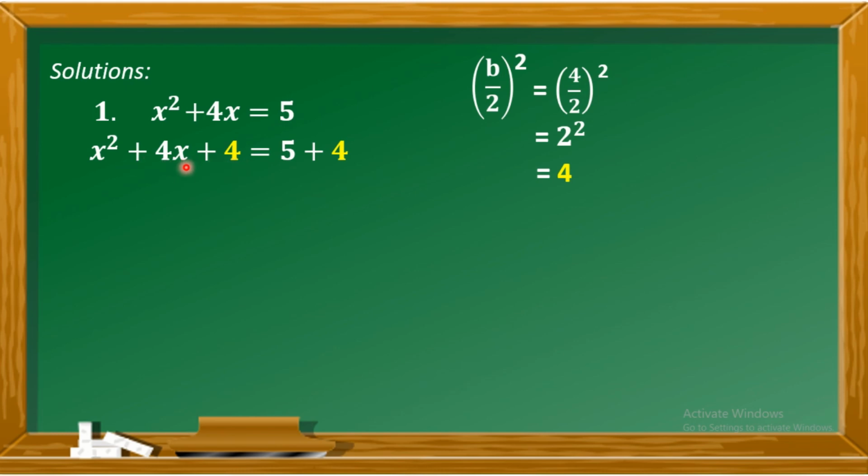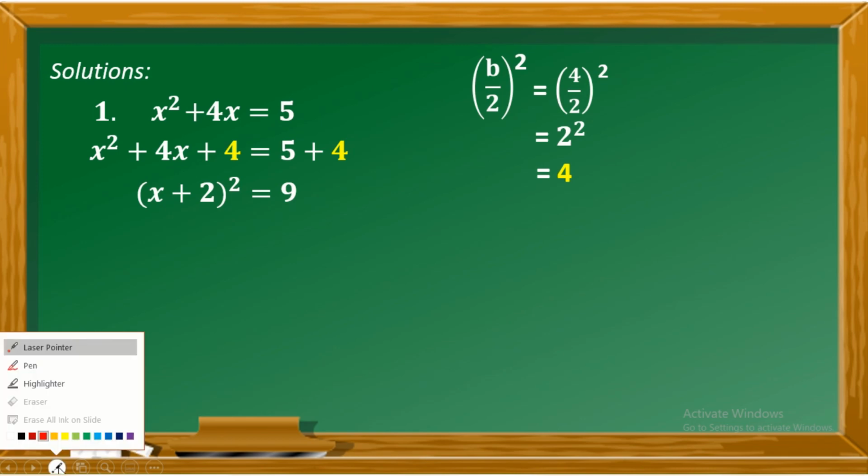So, yung factors nito, magiging ganyan na siya. X plus 2 quantity squared. Ito, bakit naging 9? Kasi 5 plus 4, kaya naging 9. Ito naman yung kanan, finactor natin. So, x plus 2 quantity squared. Kasi, check natin.